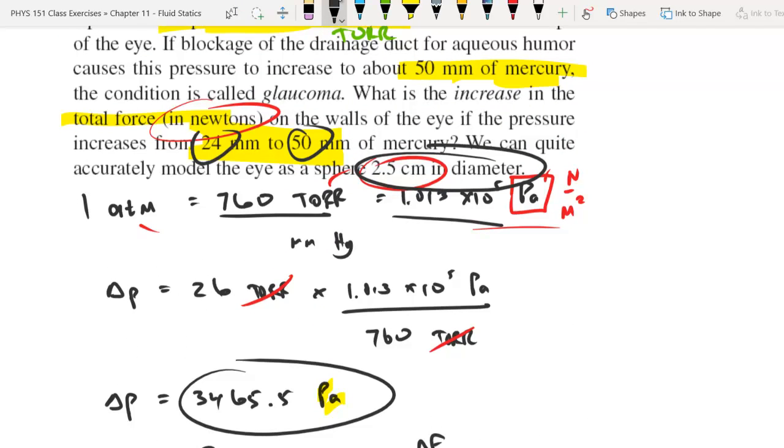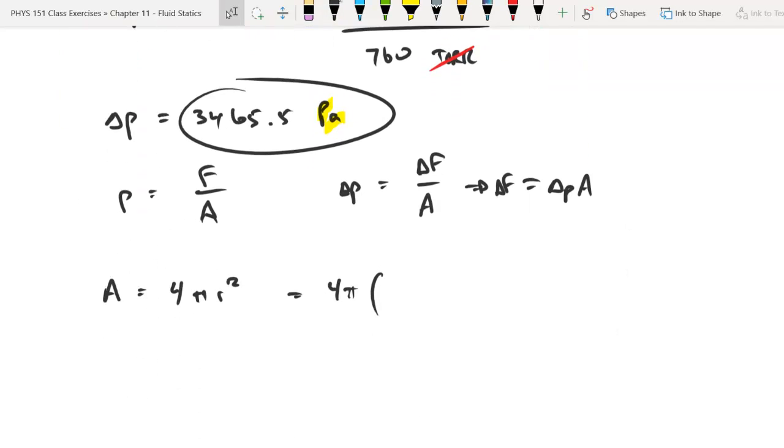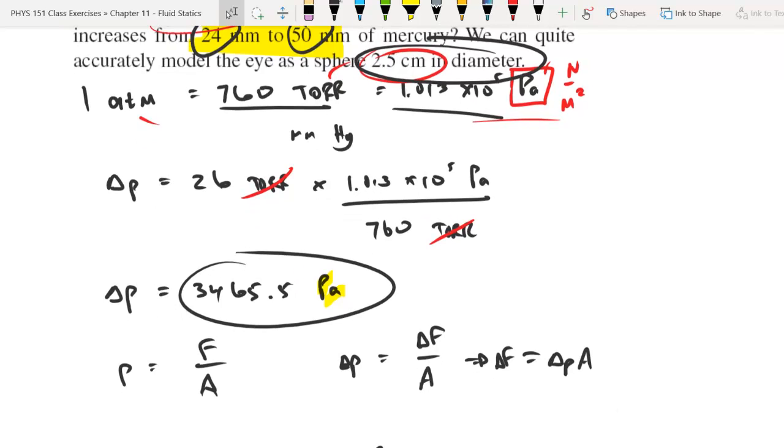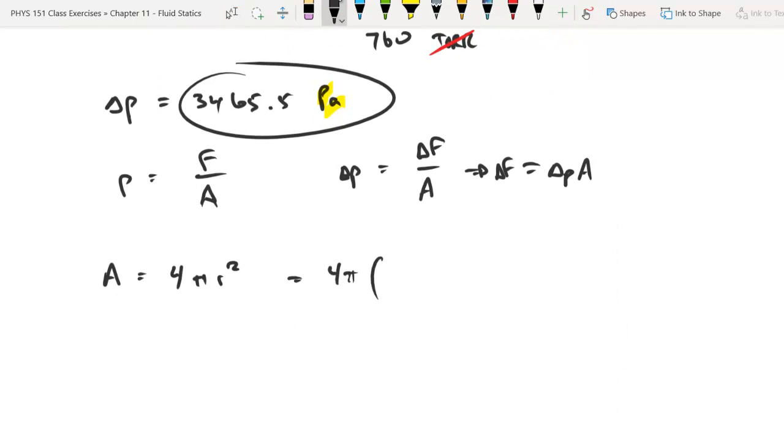But then we'll need to move the decimal place over twice to get meters, right? Sorry, gotta move it over twice. So that's 0.0125 meters, squared.